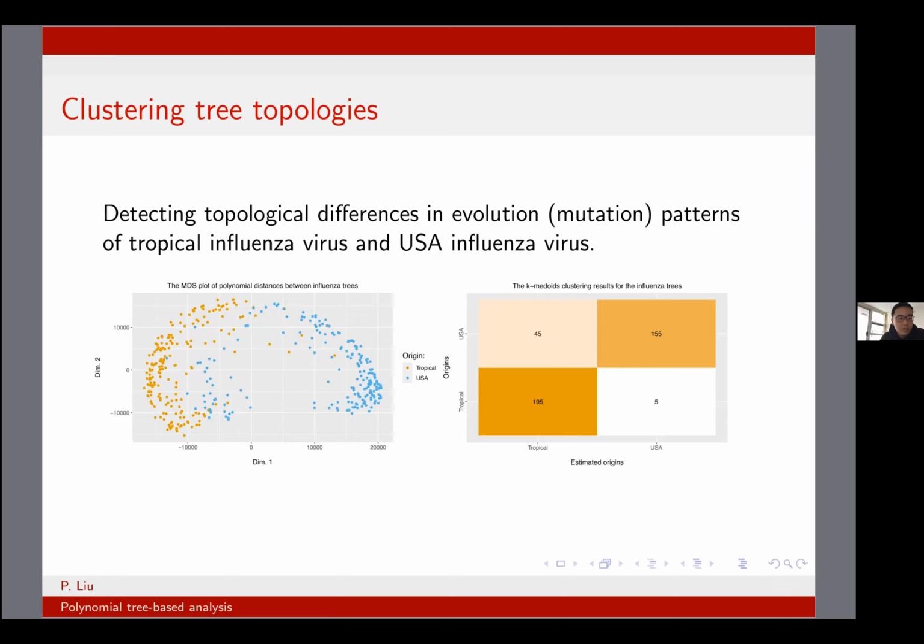We can see there's a clear separation between USA and tropical influenza, and the k-medoids clustering results show that it classifies 195 out of 200 tropical trees as tropical and 155 of the USA trees as USA. I don't know whether it is something about the data, because apparently the USA has some places in tropical areas too, like Florida or Hawaii. But it's showing that the polynomial distance can distinguish these two types of influenza phylogenies.